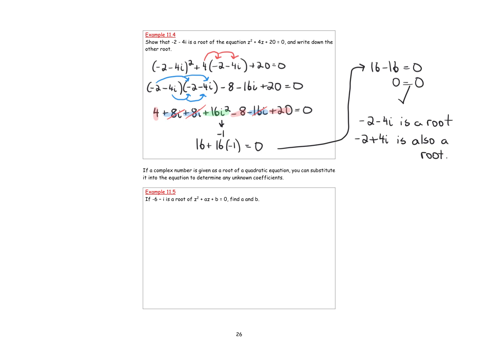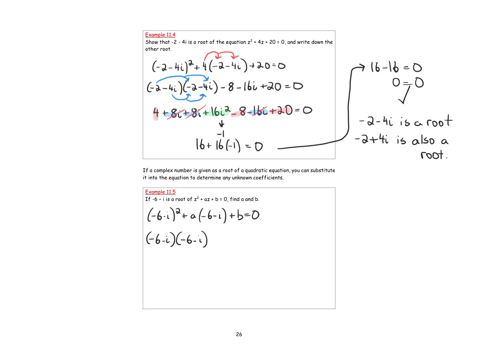That will give me minus 6 minus i squared plus a times minus 6 minus i plus b is equal to 0. Minus 6 minus i squared is minus 6 minus i times minus 6 minus i.